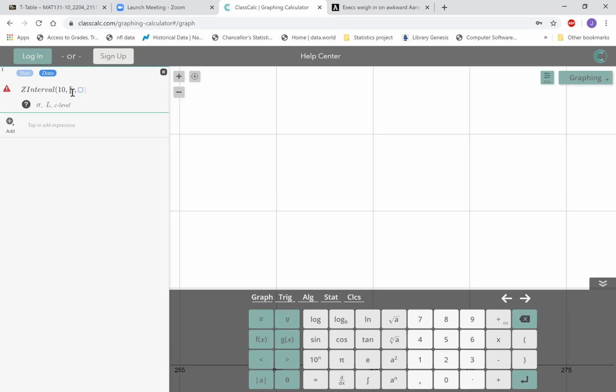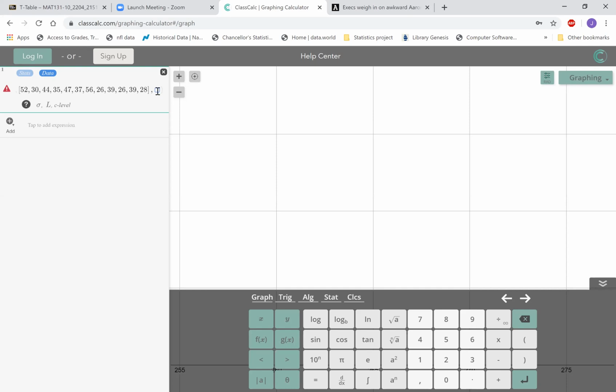My data set: 52, comma, 30, comma, 44, comma, 35, comma, 47, comma, 37, comma, 56, comma, 26, comma, 39, comma, 26, comma, and 39, 28, 39, and then finally 28. All right, so that's my list.